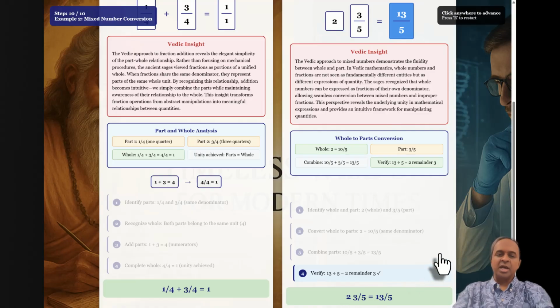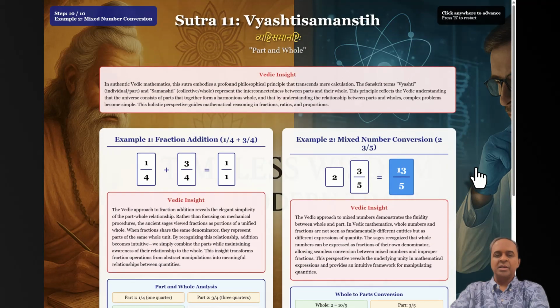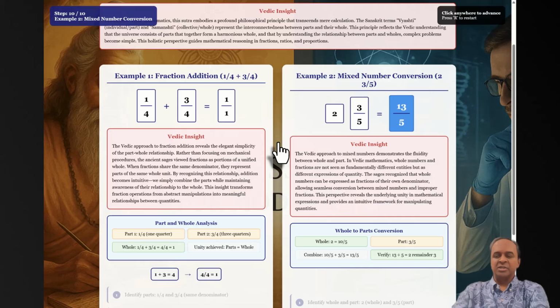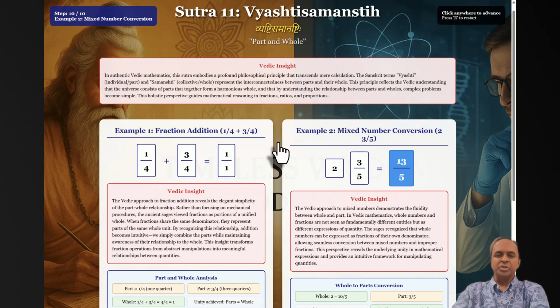So again, even though the numbers are small here, it's the way you recognize the patterns and the way you recognize the whole and the part, right? And then how you can solve complex fractions or mixed numbers easily using this Sutra 11, right?